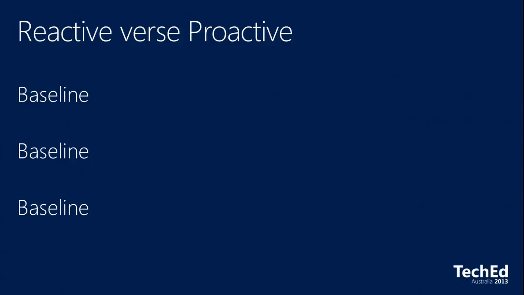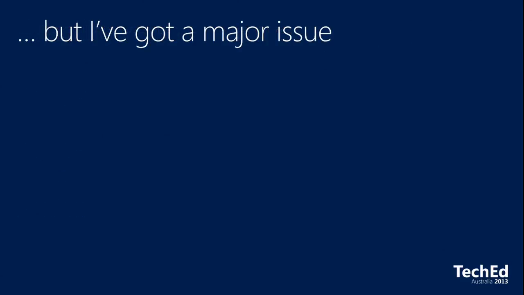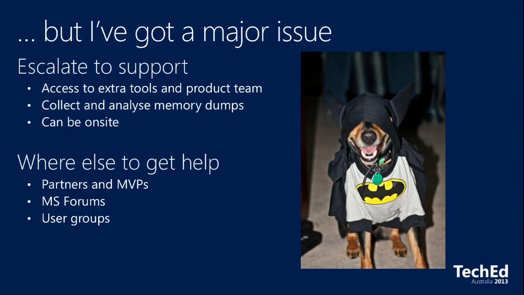Now, if you do happen to have a major issue, by that I mean systems crashing, and you just can't get to the bottom of it, please don't do what I used to do and think that I could solve everything on my own.